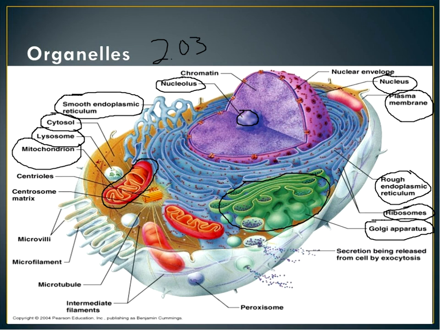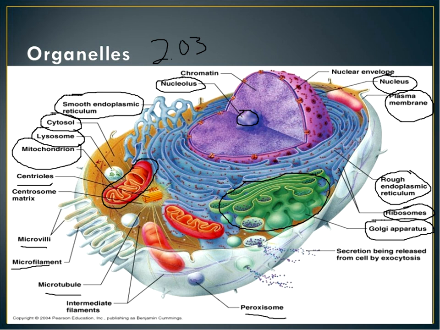Now there are other things here. Microvilli to help movement, centrioles that help during mitosis when cells split apart, microfilaments, microtubules, peroxisomes. These are other parts of the cell, but I don't think you're going to see them on the test. So the ones that I circled are the ones that I know you're going to see on the test for sure.